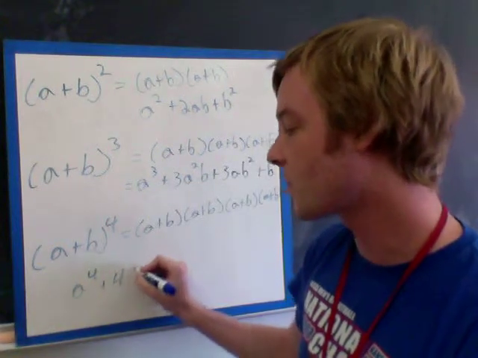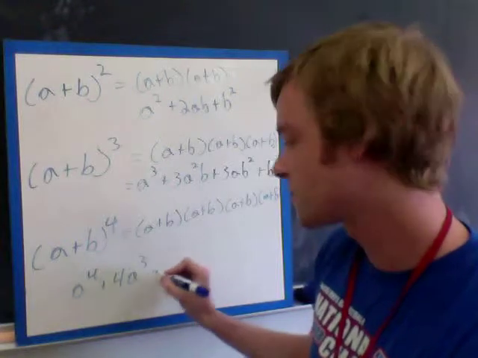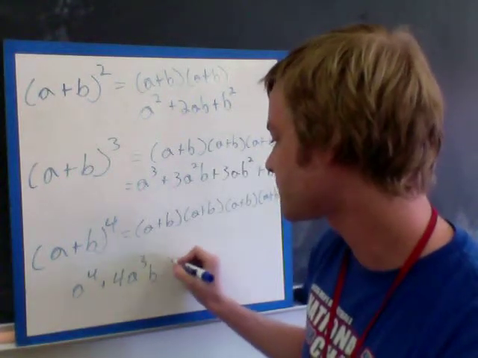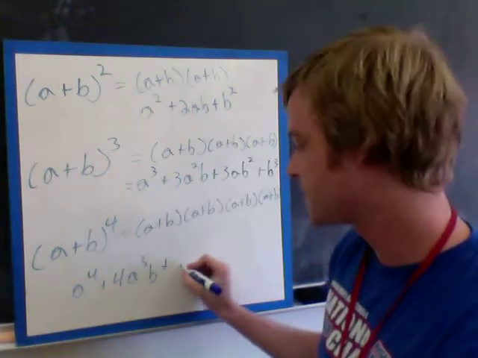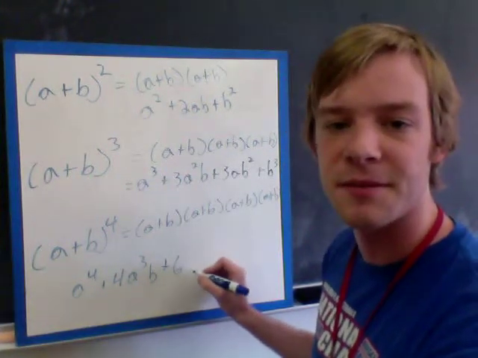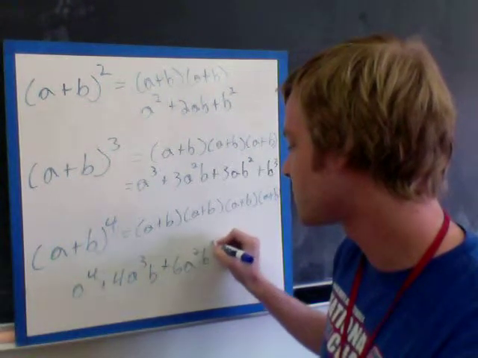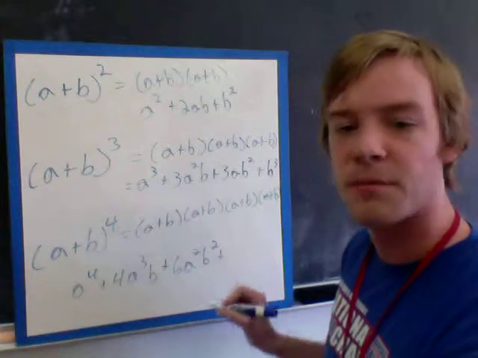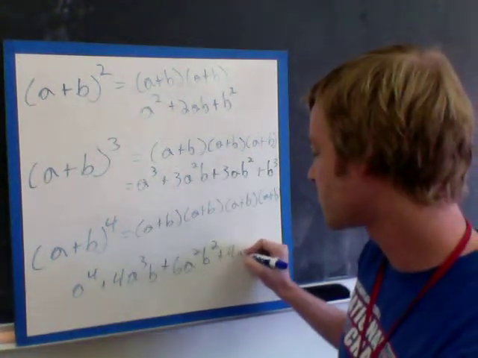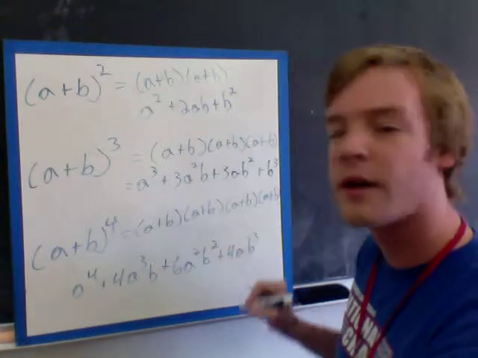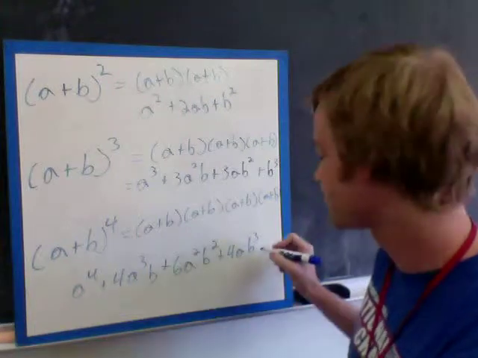Plus 4a to the third, b to the first, plus 6a to the second, b to the second, plus 4a to the first, b to the third, and lastly, plus b to the fourth.